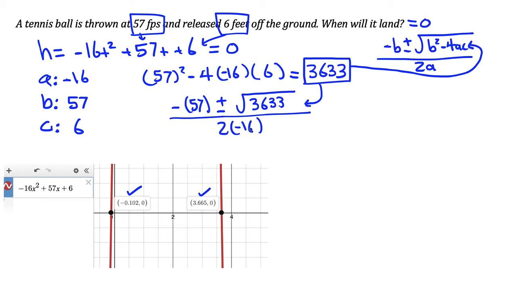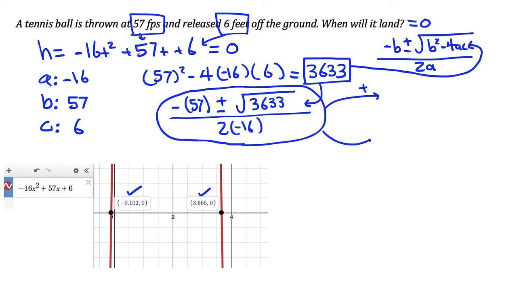Okay, cool. All right, so we got to do the plus and the minus. So this is going to split into two answers. I got a lot of room over here, so how about we go ahead and simplify this? So let's simplify all of this noise two ways. One, let's do the plus, and then one, we'll do the minus. Okay, here we go. So negative 57 plus the square root of 3633.